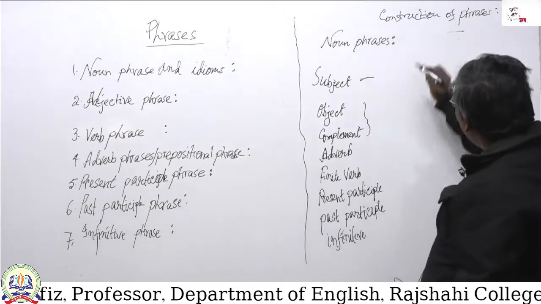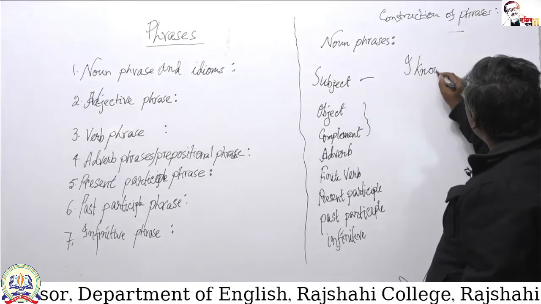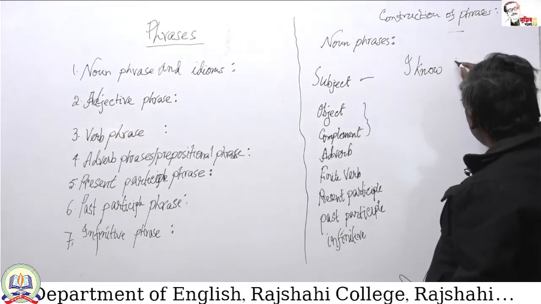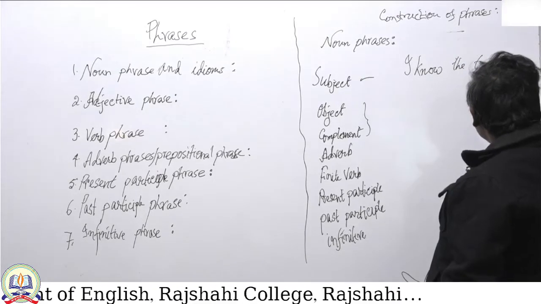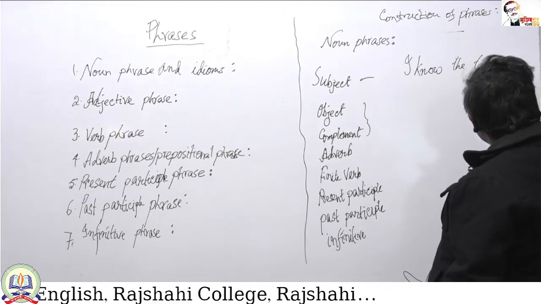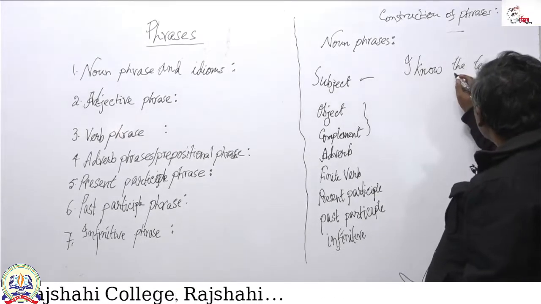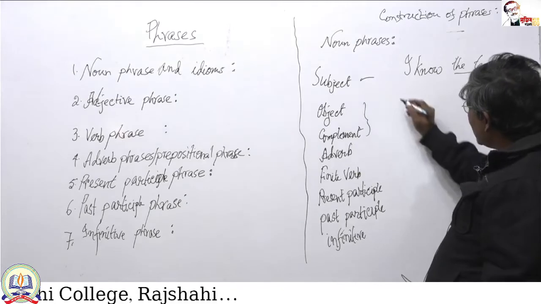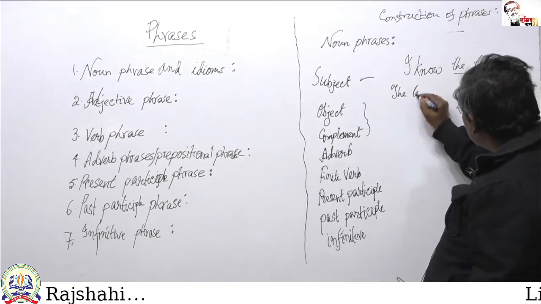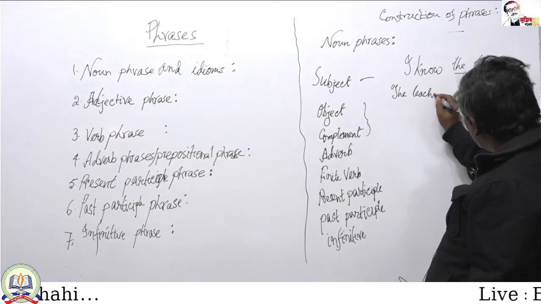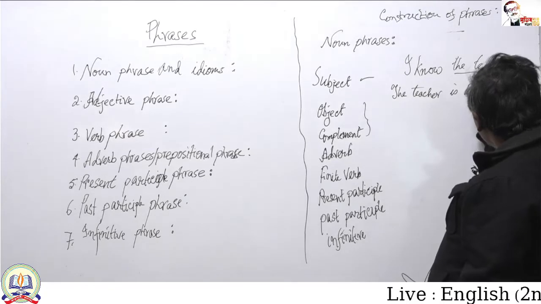For example, "I know the teacher." You can easily make this sentence passive, making the teacher the subject of the passive sentence: "The teacher is known by me."